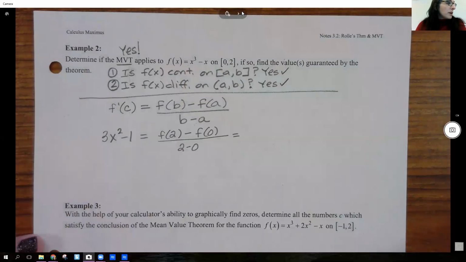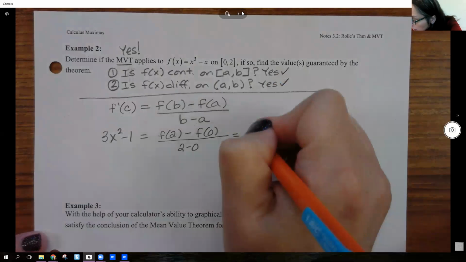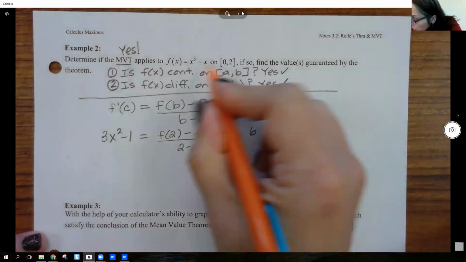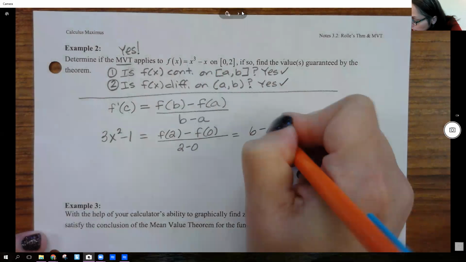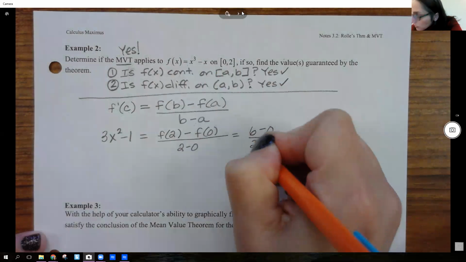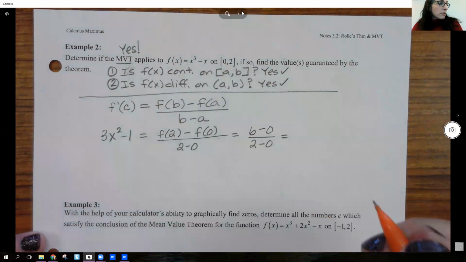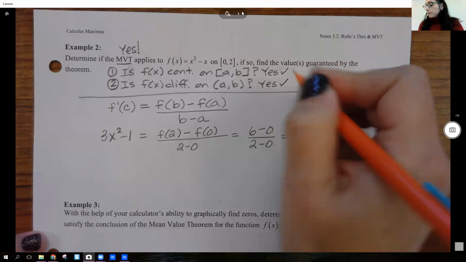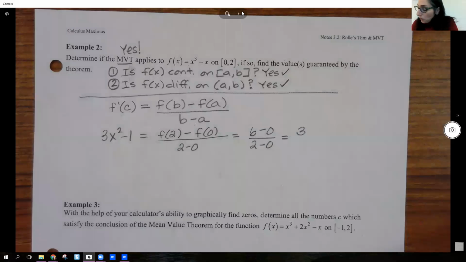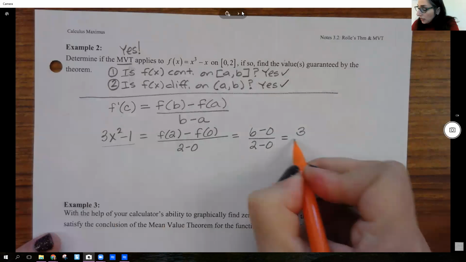So can somebody tell me what f of 2 is? 6. Thanks. 6. And then f of 0, that's 0. All over 2 minus 0. So this is going to come out to be 3. So 3x squared minus 1 equals 3.